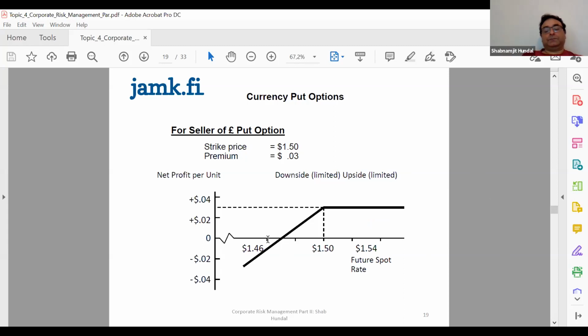Look at a situation. On the day of decision making, when the British buyer would pay you, on that day, the market price in the market, you can sell a pound for 1.46.